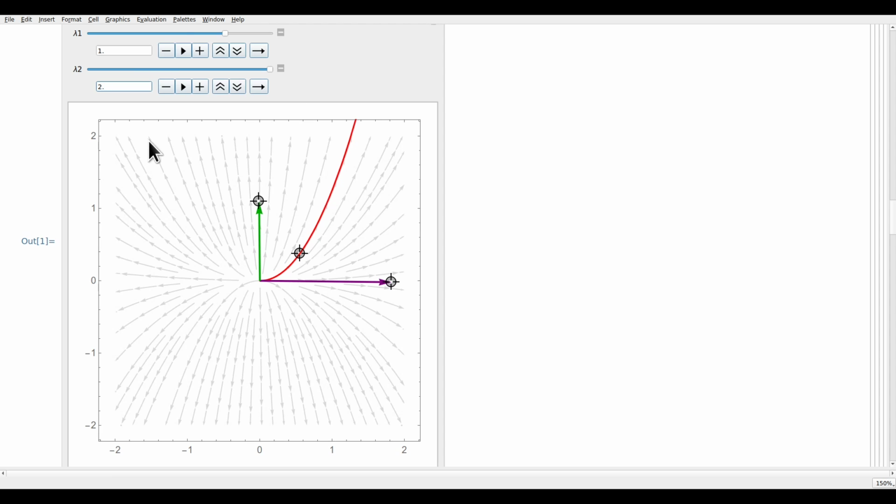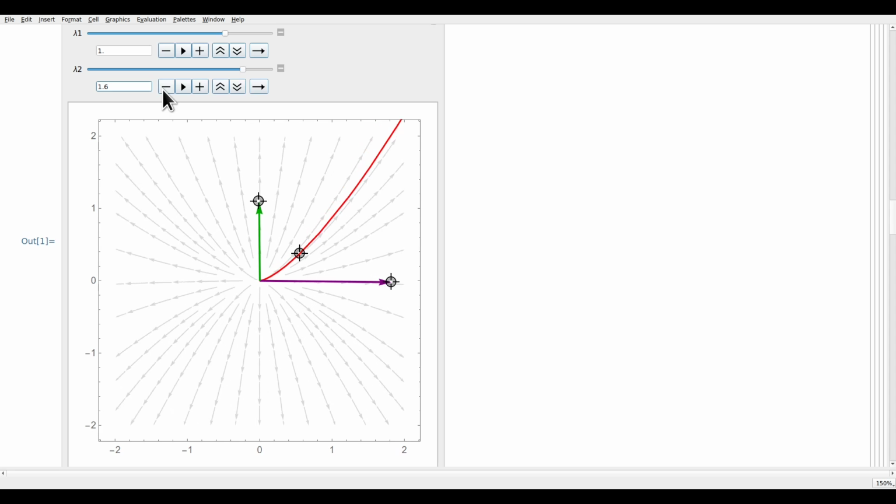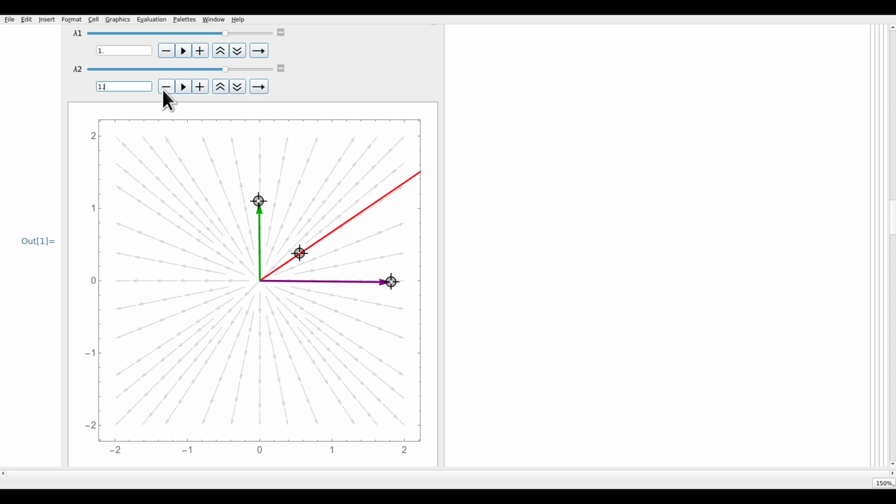Now, I want to also show you one last thing, which is what if the eigenvalues happen to both be equal? In this case, the solutions follow straight lines.